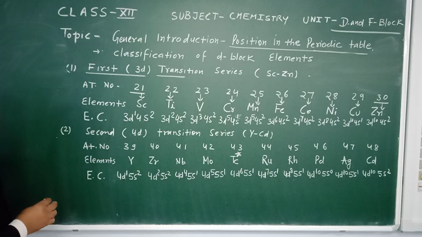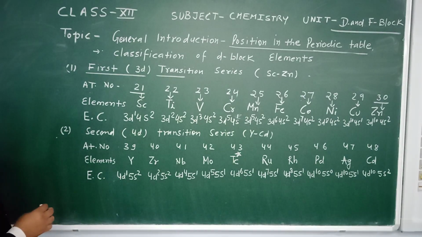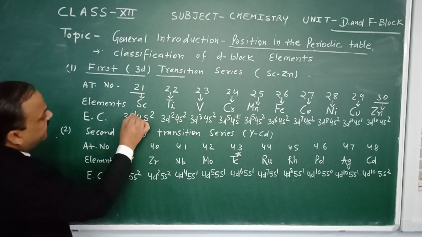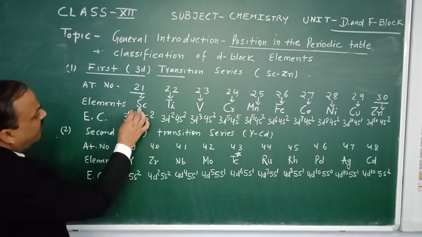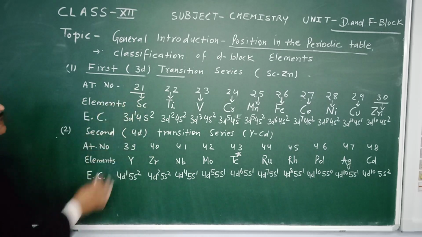Now, how do we fill the electrons in these elements? In this first series, let us observe the electronic configuration of scandium, whose atomic number is 21.